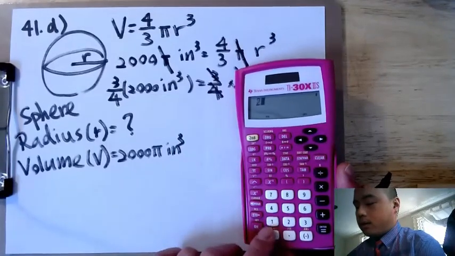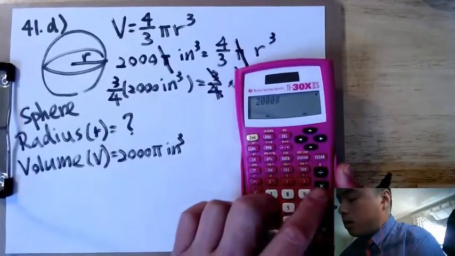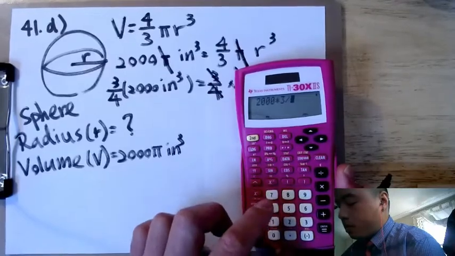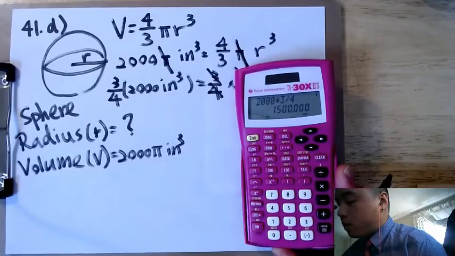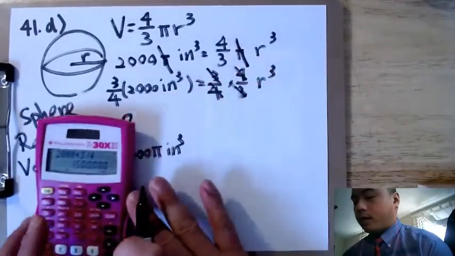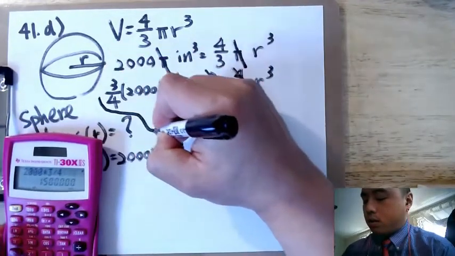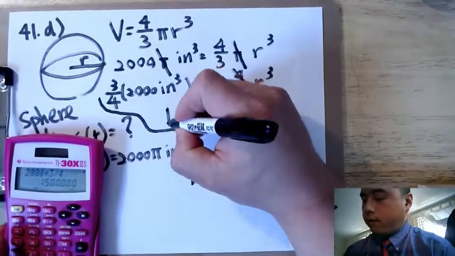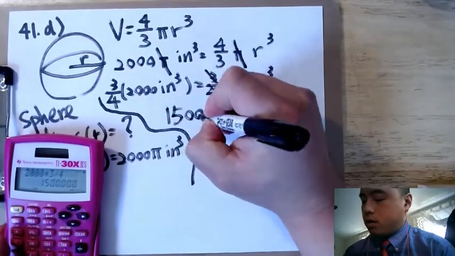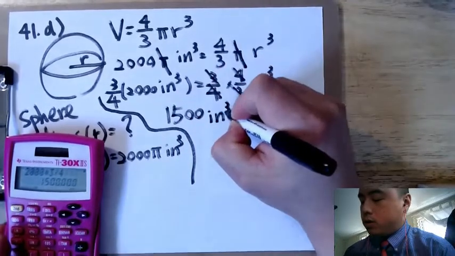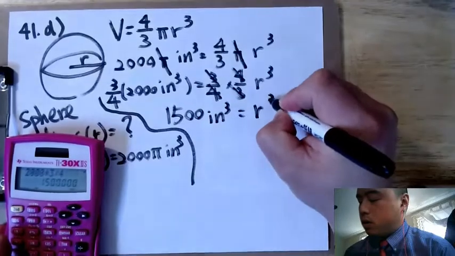So we have 2,000 multiplied by 3/4. We have 1,500, right? So let's just draw a line. So 1,500 cubic inches is equal to r cubed.